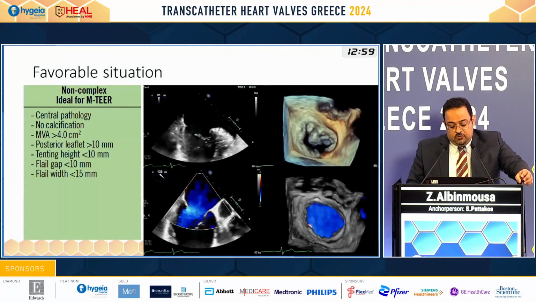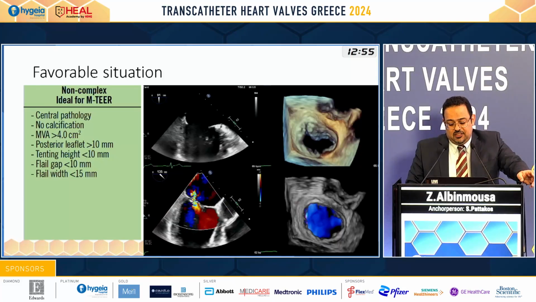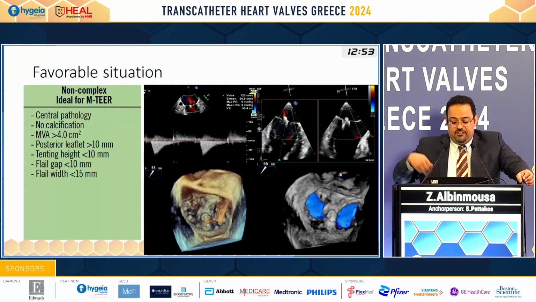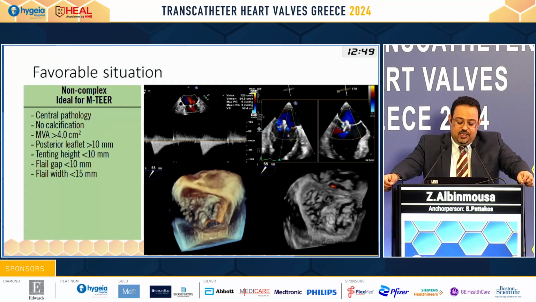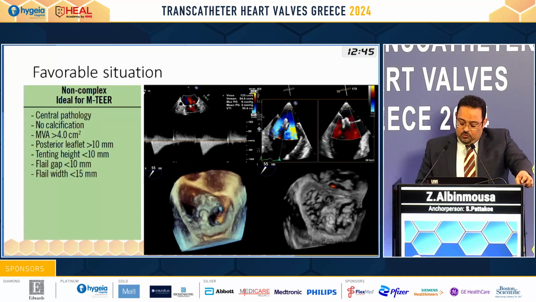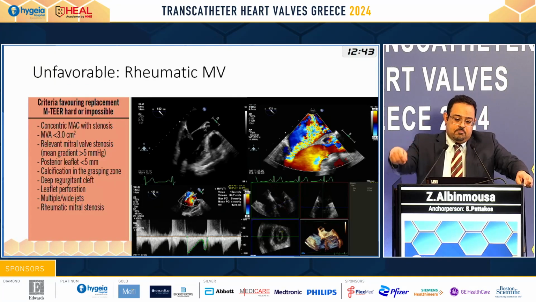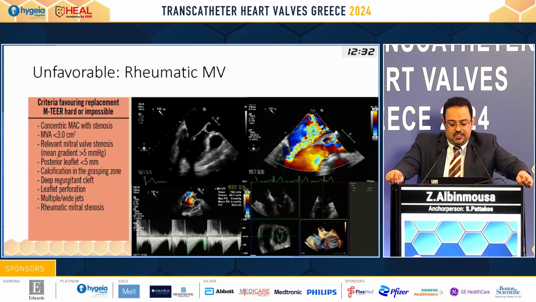If you deal with such a patient, you will end up with a very favorable result, with mild MR and a low gradient. However, life is not always easy. We always see patients like rheumatic mitral valve with a small mitral valve area, a restricted posterior leaflet, and a high gradient.